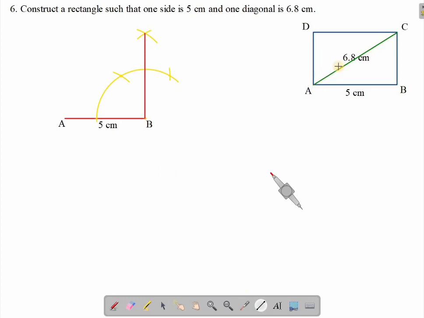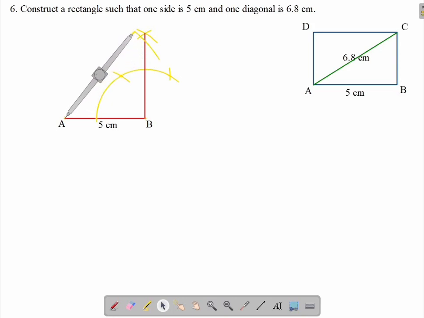Now from A we will take a line whose measurement is 6.8 and we'll try to intersect this extended line using 6.8 centimeter. So as you can see I have made the compass 6.8 centimeter. We will keep it at the point A, and we will intersect this extended line.